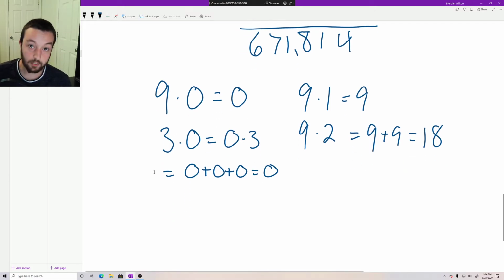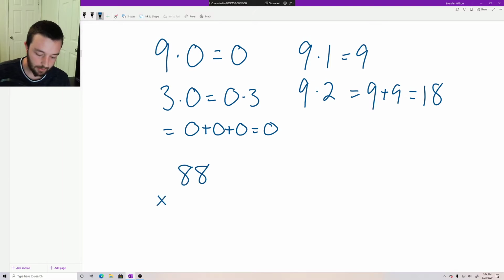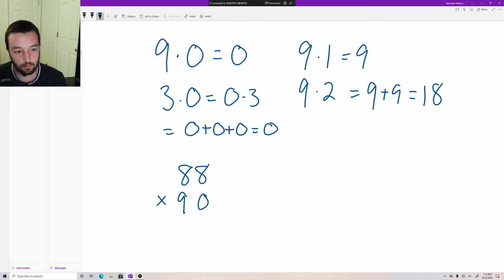One little trick we can use if something ends in a 0, if we want to do 88 times 90, for example, well, the 0 at the end, like I said before, the only difference between multiplying by 9 and multiplying by 90 is that there's a 0 at the end. I think I used it with 10 and 1, but it's the same idea here.